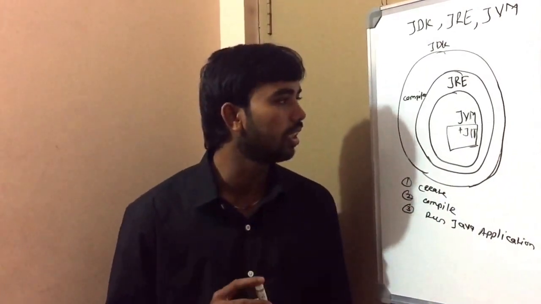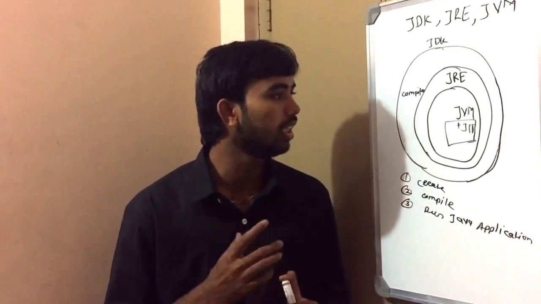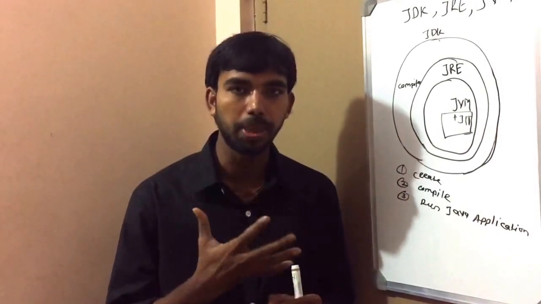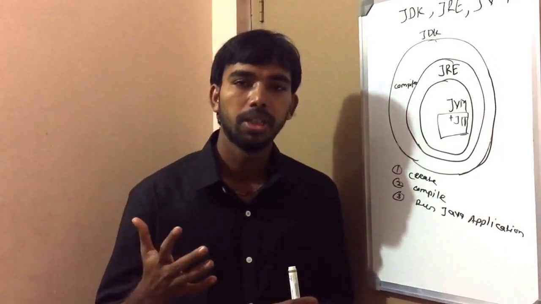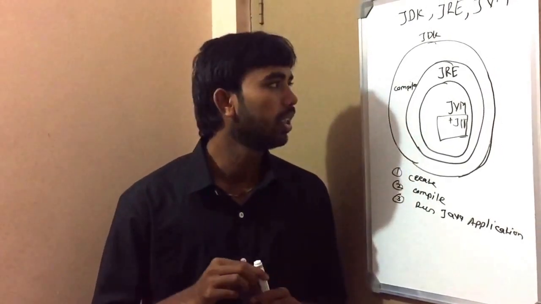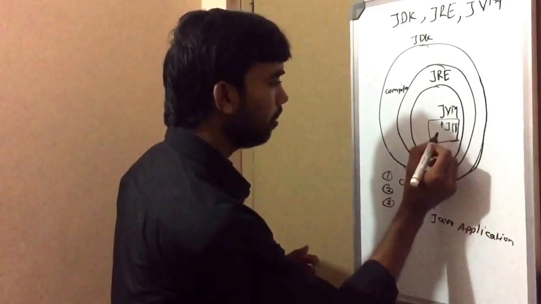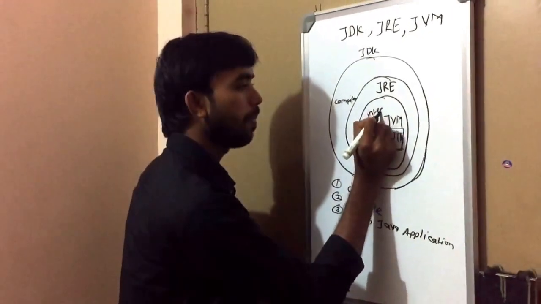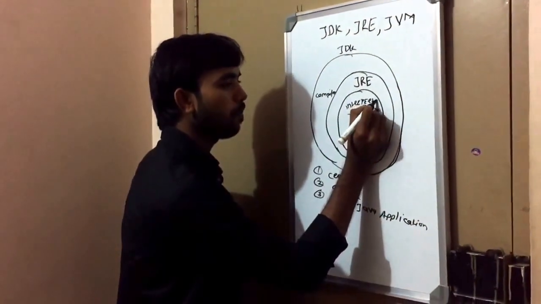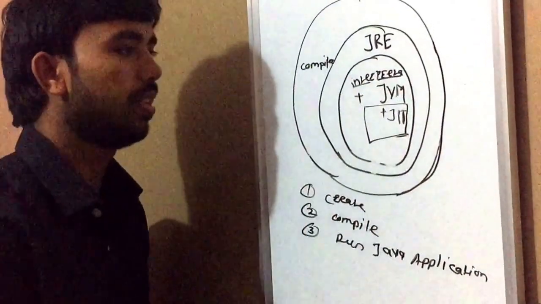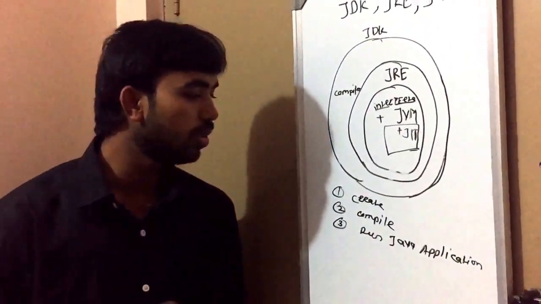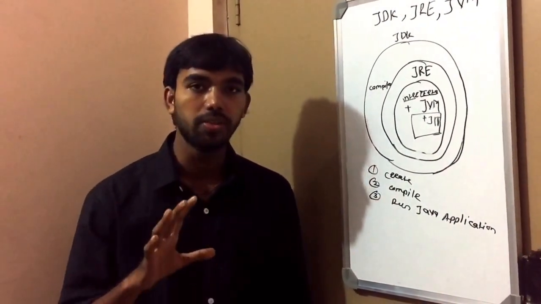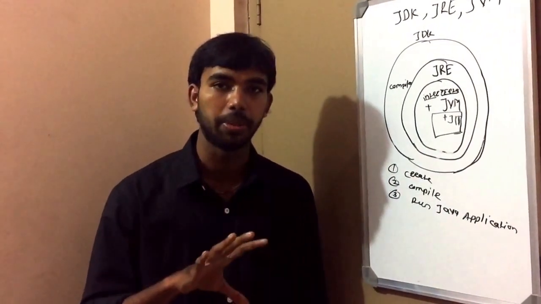What exactly does JRE do? JRE is an interpreter which will interpret the compiled byte code into machine language, and it contains a JVM plus it is acting as an interpreter. So JRE is used to run the compiled program. It is not used to create an application.